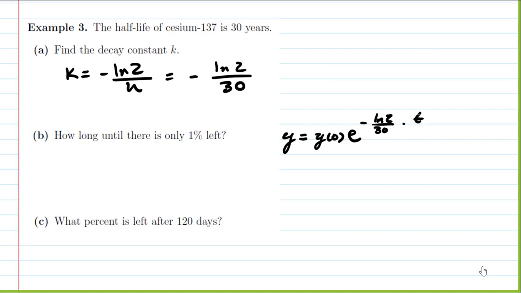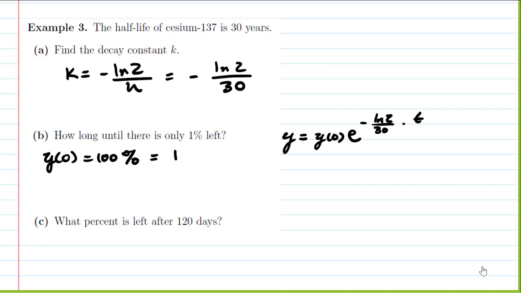Well, what is it that y naught stands for again? The amount at the beginning, right? So if we weren't told how much we started with, we're going to assume that y naught is 100% because we weren't told, right? And what is 100% as a decimal? Because we can't use percents, right?